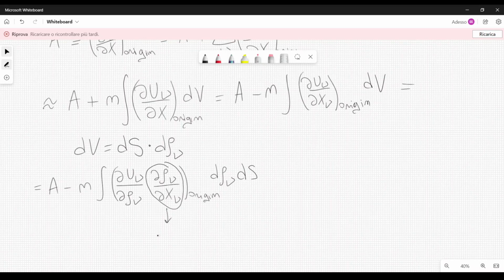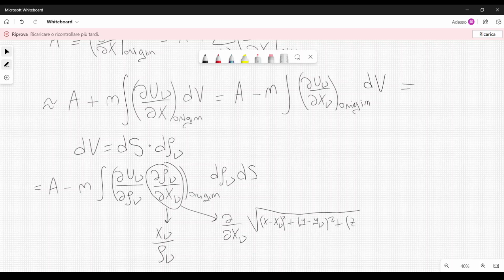This is simply equal to x nu divided by rho nu, according to the expression for rho nu. Why is that? Well, because we have to take the derivative with respect to x nu of the square root of x minus x nu squared plus y minus y nu squared plus z minus z nu squared.